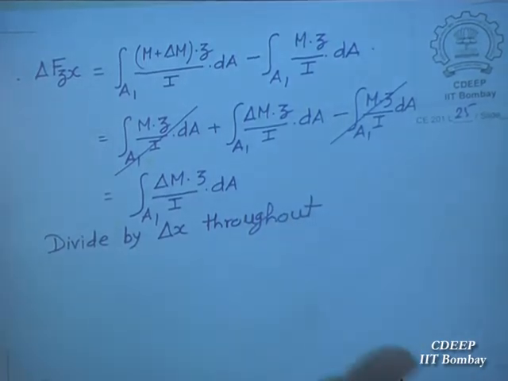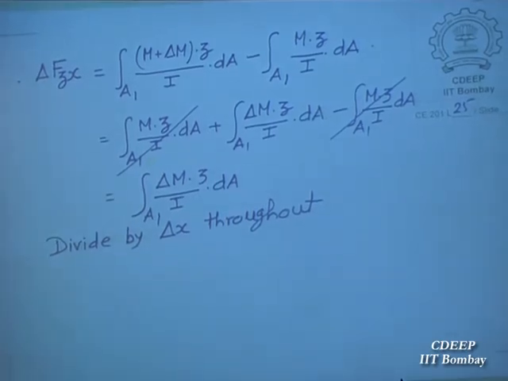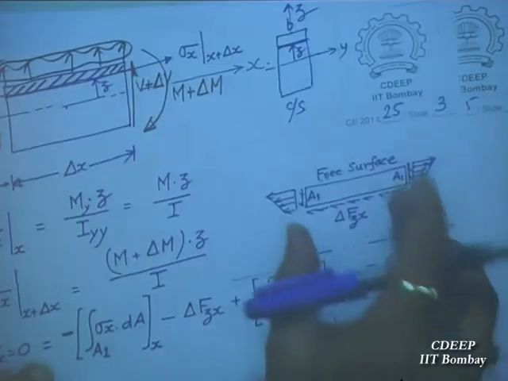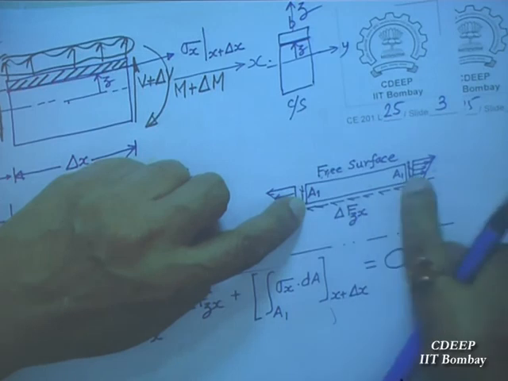What is the length of the element? Dx. This element size, what is this total length from here to here? Dx. So I am just dividing by dx.